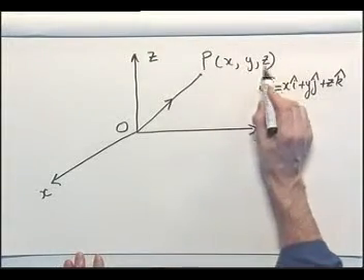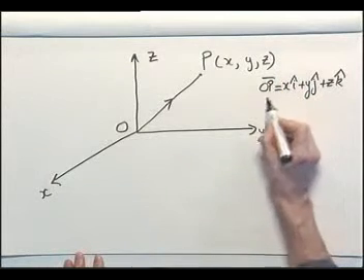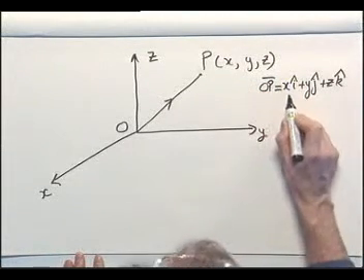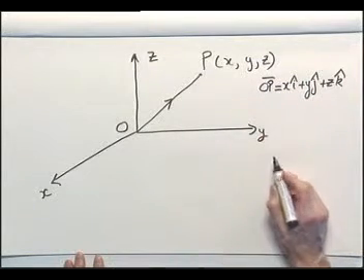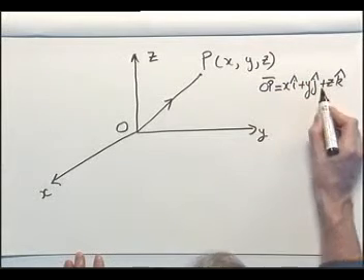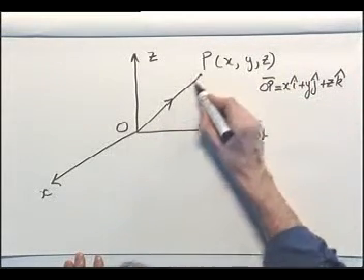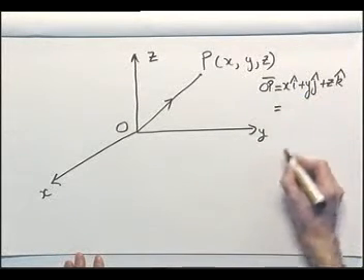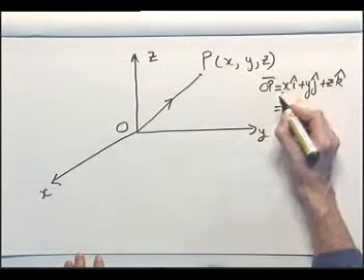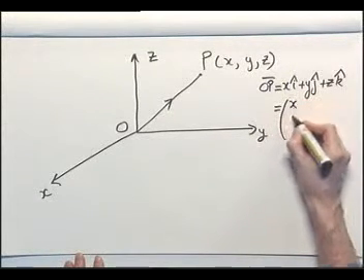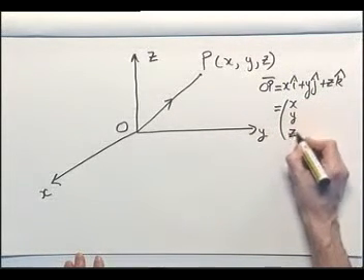These are the coordinates x, y, z. This is the position vector. Coordinates and position vector are different. Coordinates signify a point. Position vector signifies a line segment. We sometimes write, again, as we did with 2 dimensions, we sometimes write this as a column vector, x, y, z.